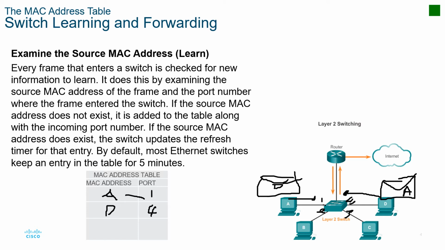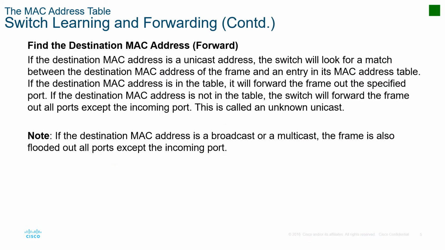So the switch will now only forward it to port 1. Okay, that's how the MAC address table is being built. The MAC address table is stored in the cache memory. It's temporary, so usually it ages out every 5 minutes. So there, I've explained how the MAC address table is being built.